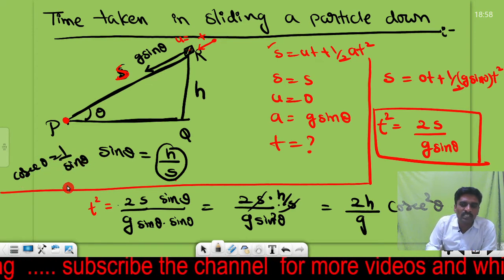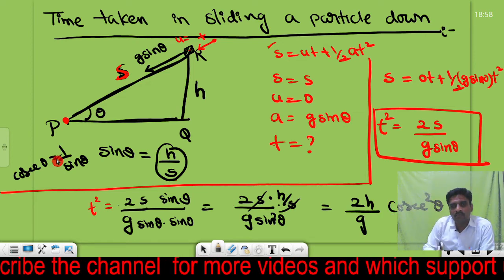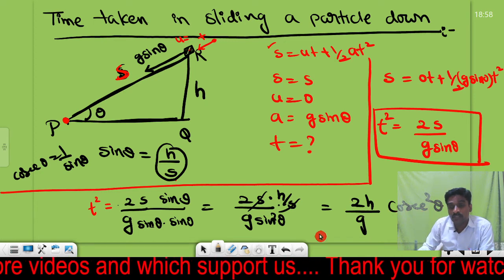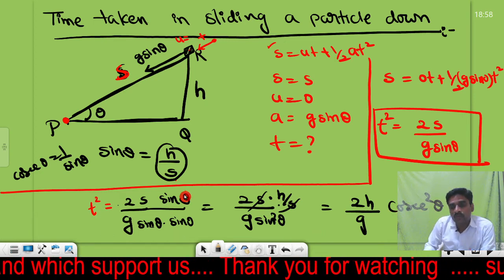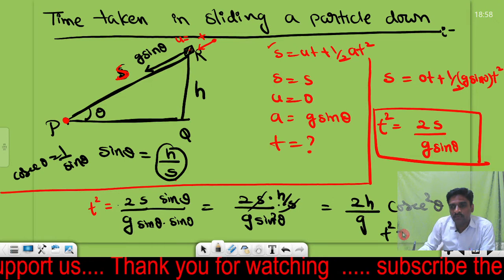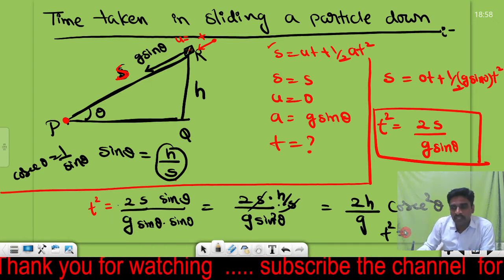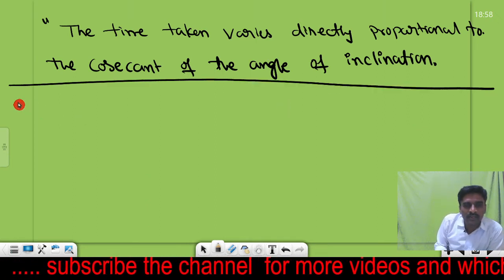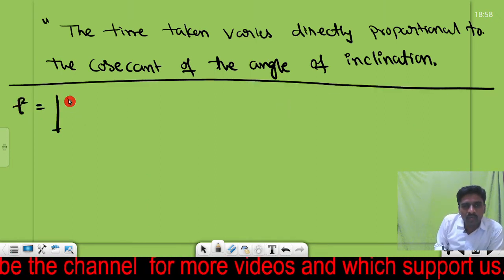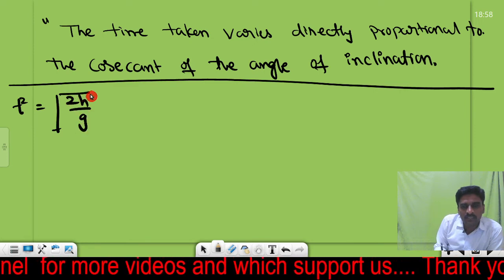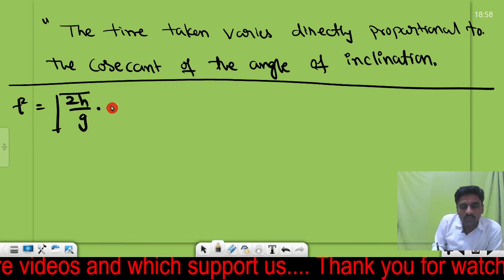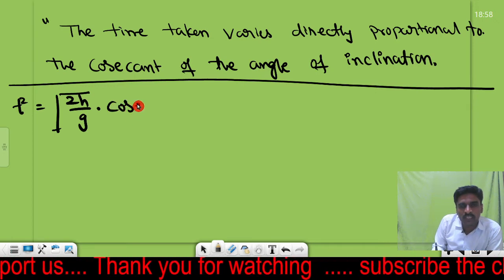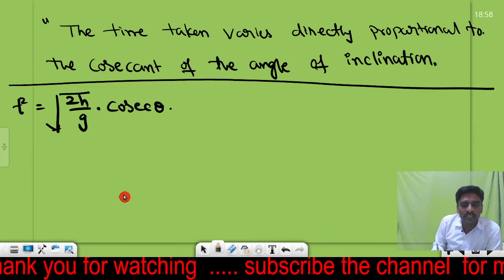So t square is equal to 2h by g into cosec square theta. Taking the square root, the root and the square cancel, giving cosec theta. This is the very important formula.